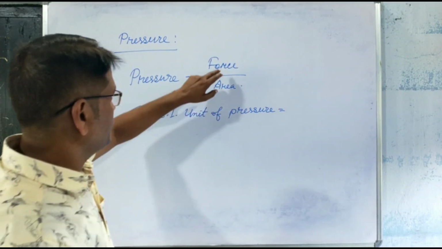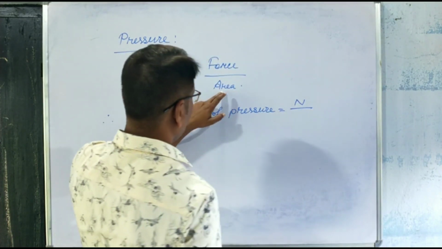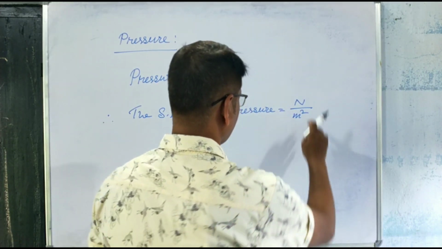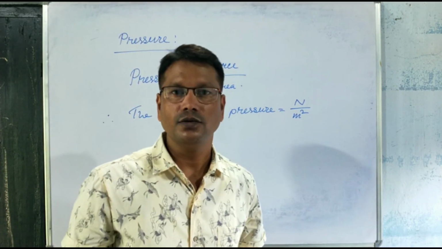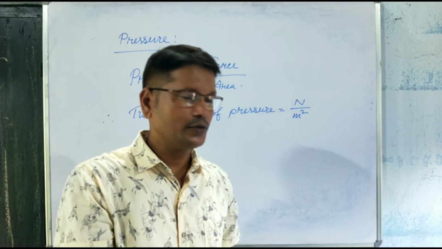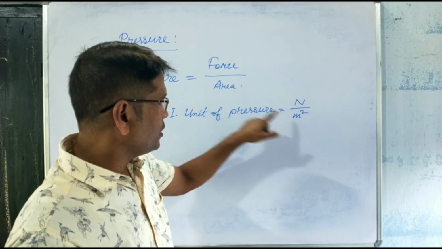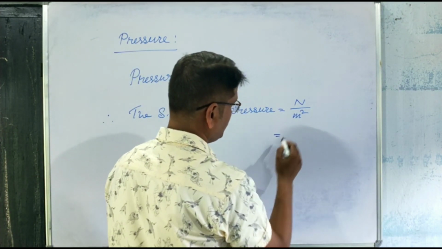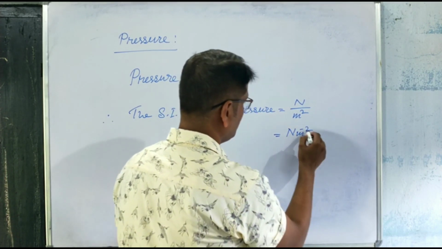You know the SI unit of force is Newton, and the SI unit of area is meter square. What is area? Length into breadth. That means meter into meter. So the SI unit of area is meter square, and it can be written this way: Newton per meter square.